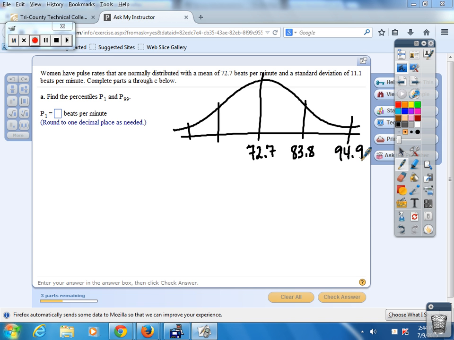Y'all got to check my math. And then I want you to draw the shaded area for the first percentile and the 99th percentile.